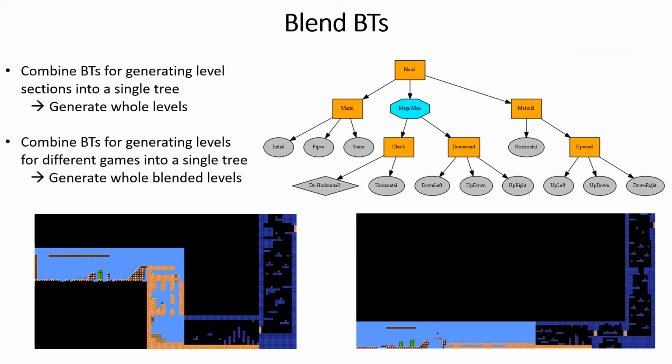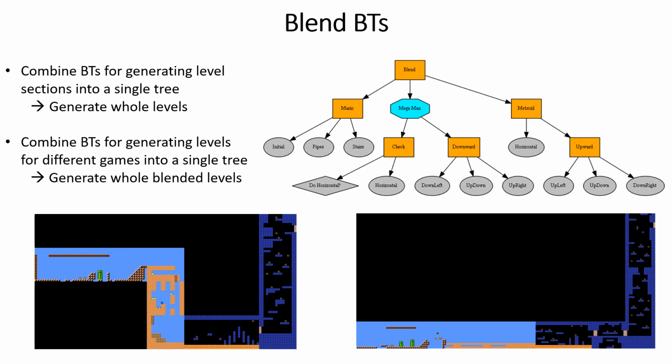And finally, for the last application, we have blending. So the idea here is that given that subtrees corresponding to different level sections could be combined to form larger trees for generating whole levels, one could combine a tree for generating levels of one game with a tree for generating levels of another to produce a more complex tree that can then combine sections taken from different games and produce these sort of blended levels.